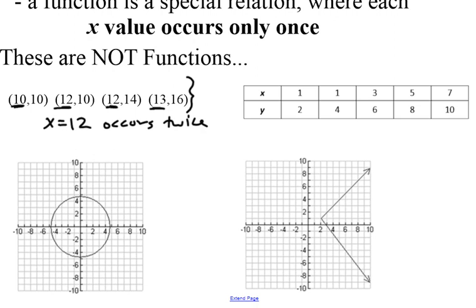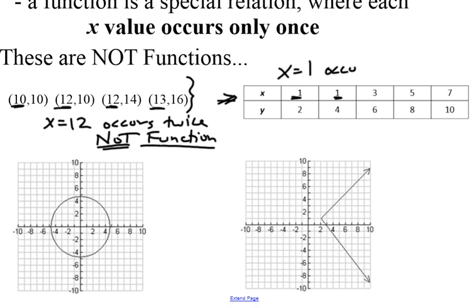And as soon as x happens more than once, it is not a function. Same thing in our horizontal graph here. Well, we see that x equal to 1 occurs twice. x can only happen once if it's a function, so again, not a function.